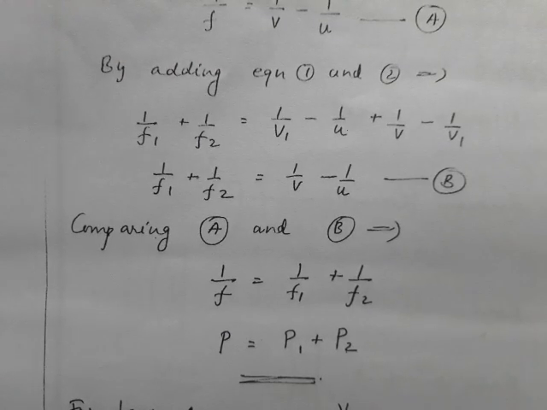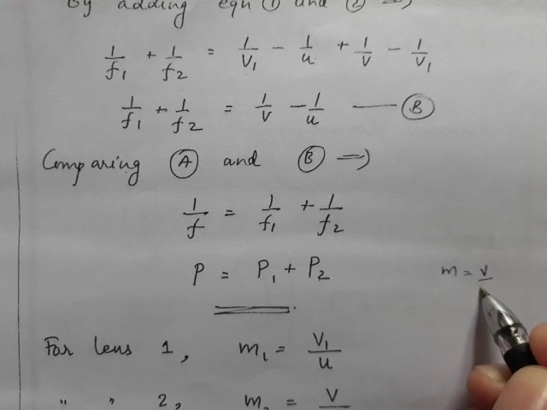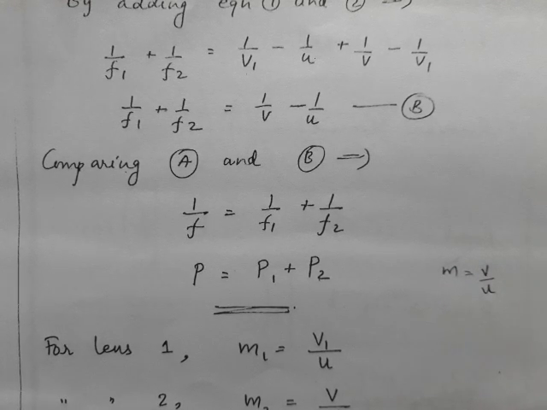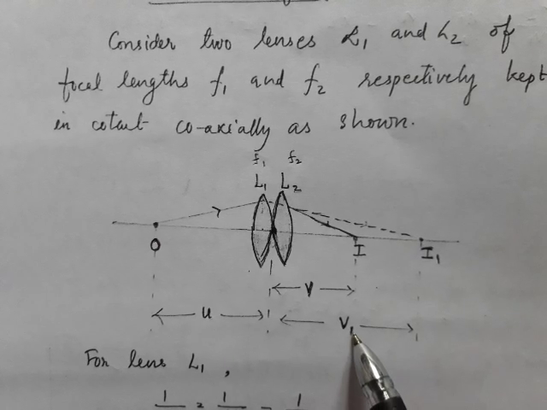Now one more term we need to analyze, that is the magnification. Magnification is the ratio of image distance to object distance. That is, m was equal to the general equation v by u. Now let's take the magnification separately for each lens. For the first lens, we said the object distance is u and the image distance is v1.